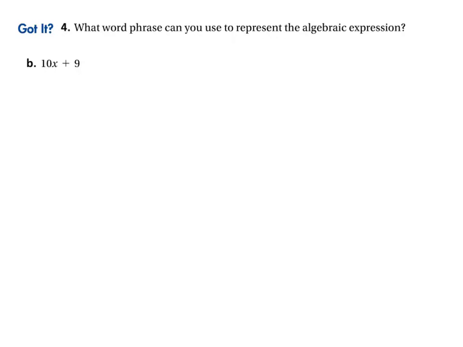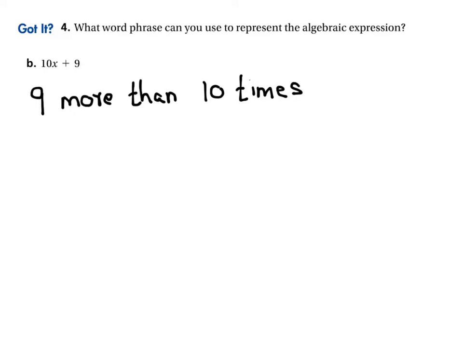So this can be written as the sum of 9 and 10 times a number, or 9 more than 10 times a number, because more than means plus and times means multiplication. Which will be 10x plus 9.